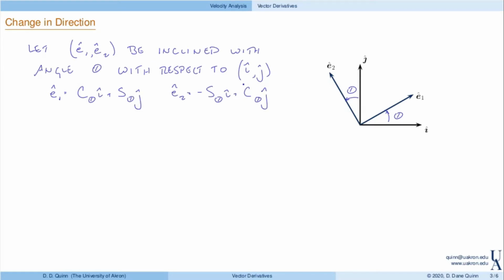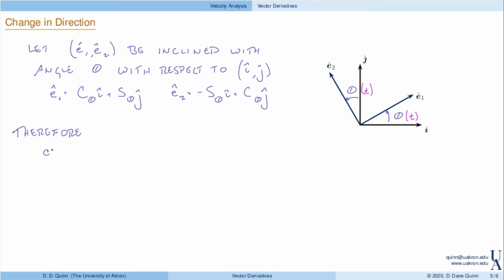Again, I and j are fixed in the ground, but as theta changes, right, so maybe theta is a function of time, and theta changes as time evolves, so that E1 and E2 change directions with respect to I and j. Therefore, we can just take the derivative of these expressions, these vector coordinate transformations above.